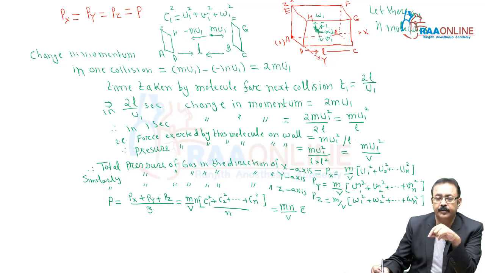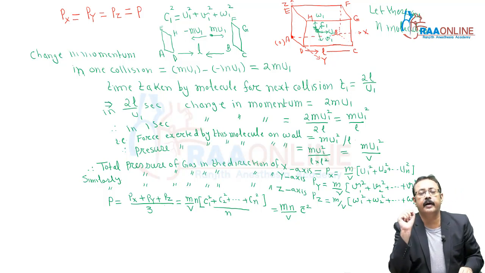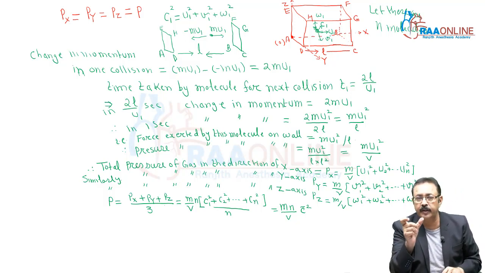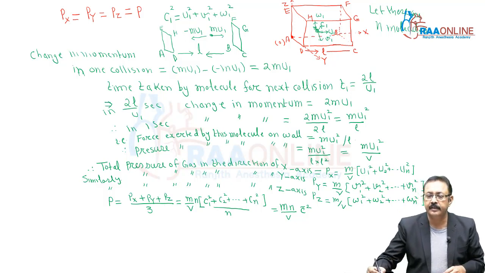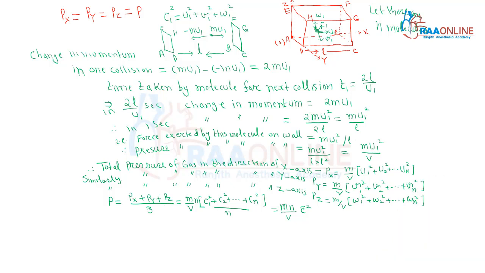C bar square is the mean of squares of velocities. So c bar should be the square root of the mean of the squares of velocities. We say c bar means RMS speed. What is c bar?